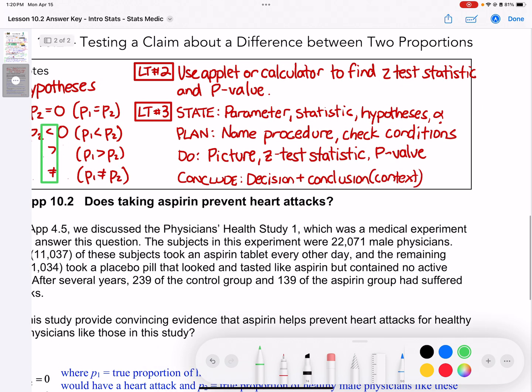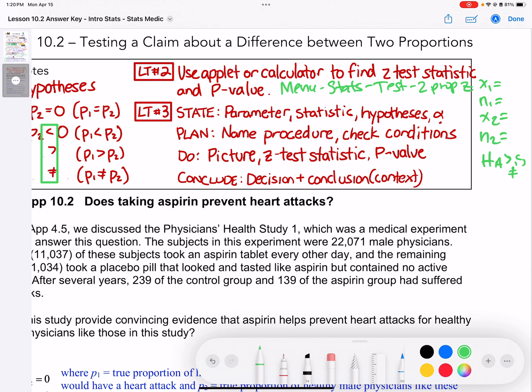The calculator you're going to use, again, is Menu, Stats, Test, and this is a 2-prop z-test. And you filled in your X1, N1, X2, N2, and then the alternative hypothesis, which was either less than, greater than, or not equal to.